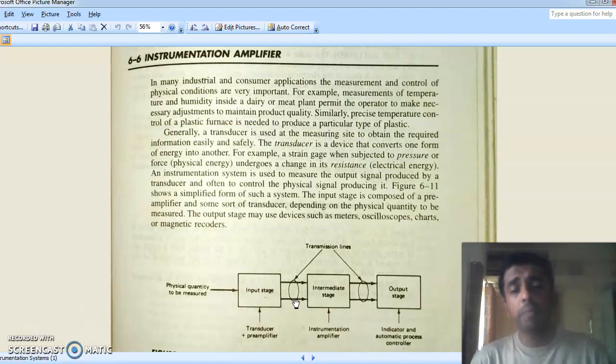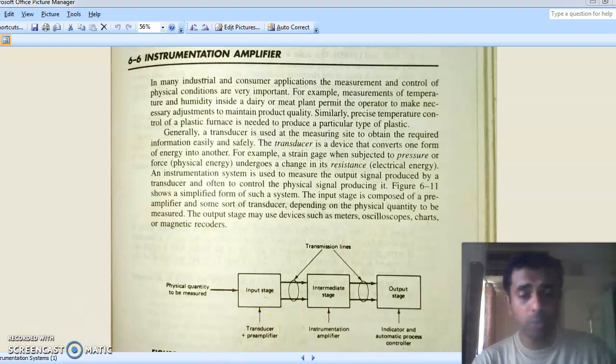So you cannot keep an instrumentation amplifier or an indicating device inside such a hazardous environment. It is always advisable to keep the electronic devices or systems in a separate, remote place. That is why transmission lines are used. So this is a block diagram of how the physical quantity to be measured is transformed into a voltage, a strengthened voltage, and an indicating device.